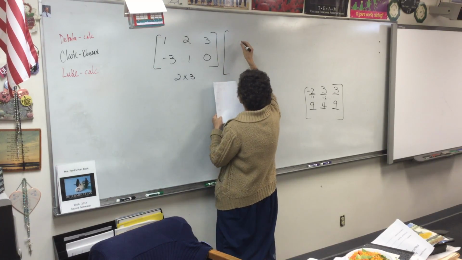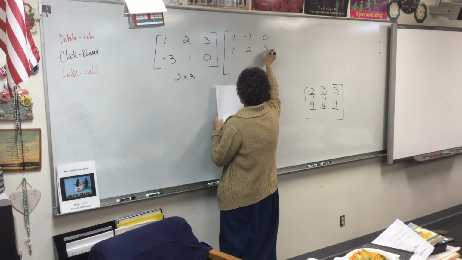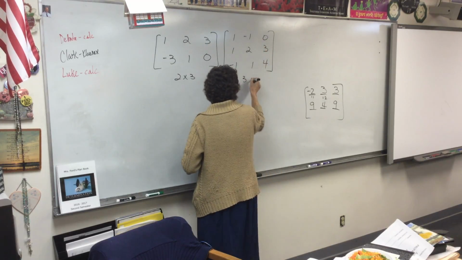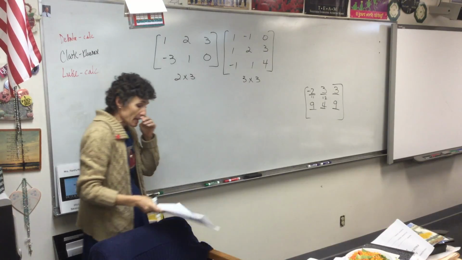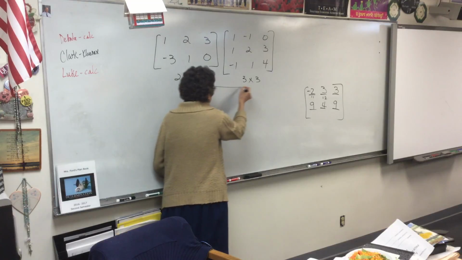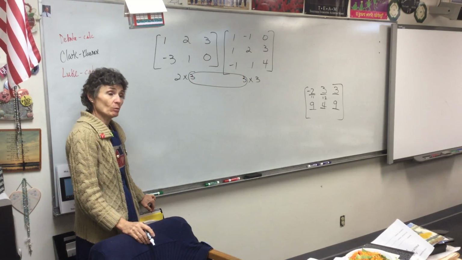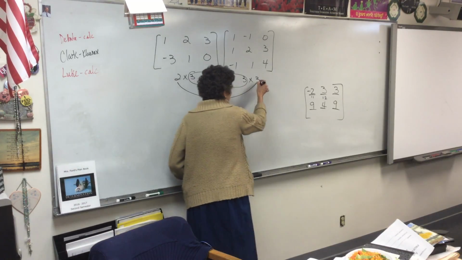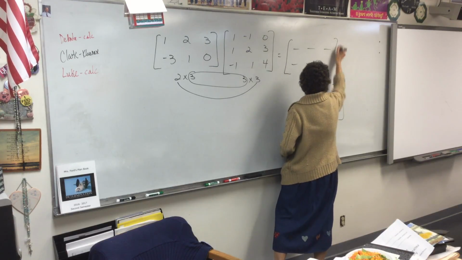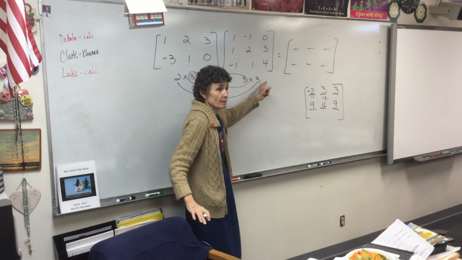And here's E, and he is 3 by 3. Can they be multiplied? Yes, because these match. And how big will the answer be? 2 rows and 3 columns. The answer will be a 2 by 3.